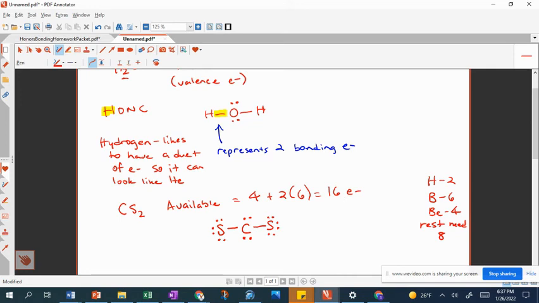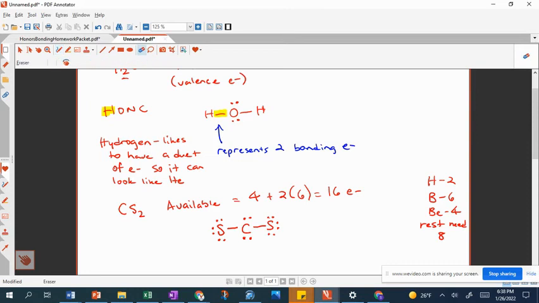If you're doing this visually and you run into this, what you have to do is you have to start adding double bonds or triple bonds. So when you do this, you're going to erase 4 of your electrons, 2 electrons on either side of a bond, and replace that with a double bond.